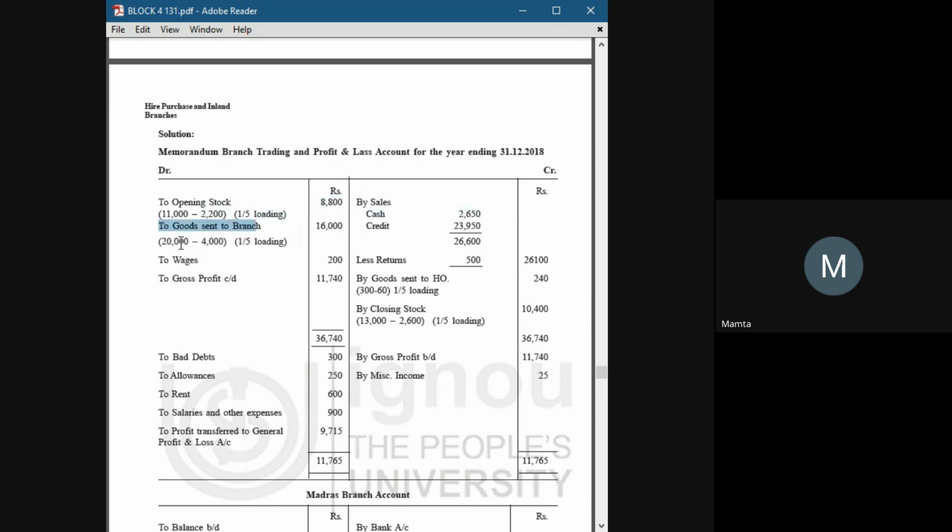Same goes with goods sent to branch. We have sent goods to branch worth rupees 20,000. Now, where has this amount come from? Suppose the amount was X. X plus 25% of X equals 20,000.